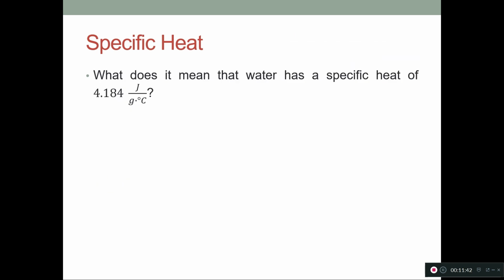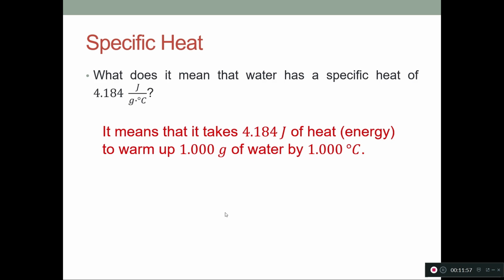So for instance, what does it mean that water has a specific heat of 4.184 joules over grams Celsius? I'll let you think about this and try to answer it on your own. And so what this means is that it takes 4.184 joules of energy to warm up 1 gram of water by 1 degree Celsius.